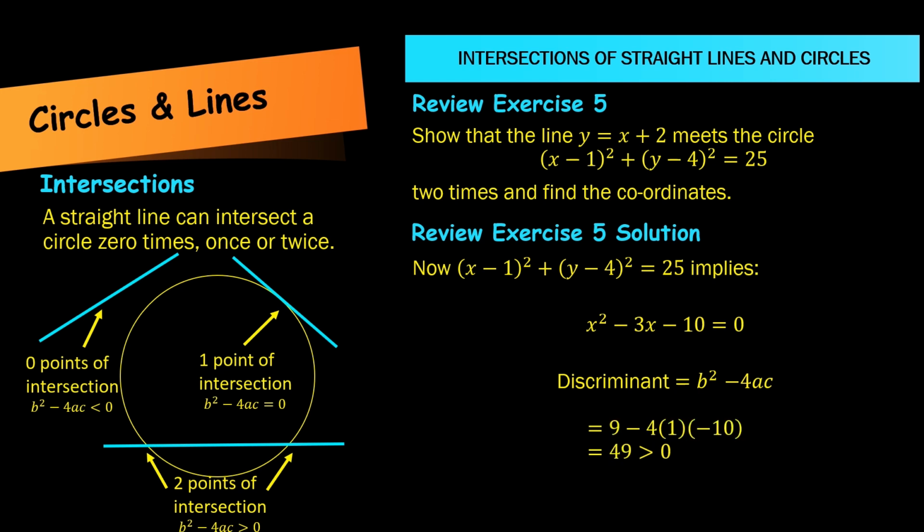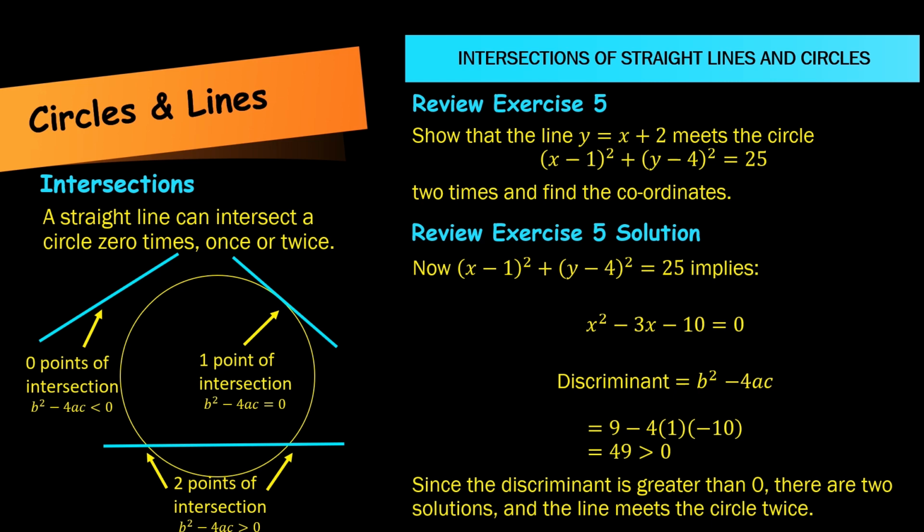Now, since the discriminant is greater than 0, there are two solutions, and therefore the line meets the circle twice, as shown. We will now find the 2 points of intersection.